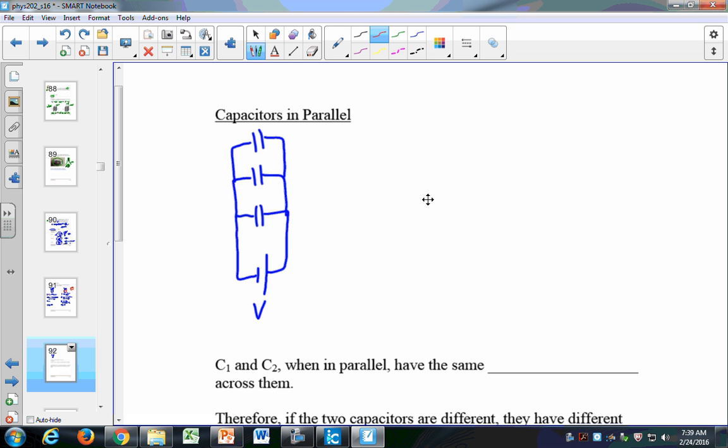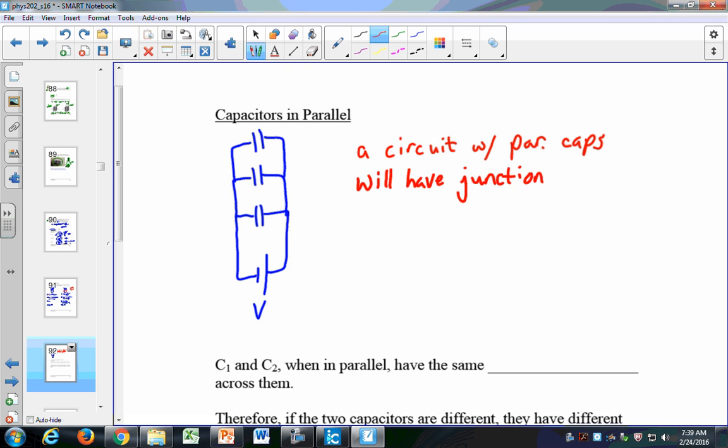Remember, a circuit with parallel capacitors will have junctions. And that will help you to identify where those are.